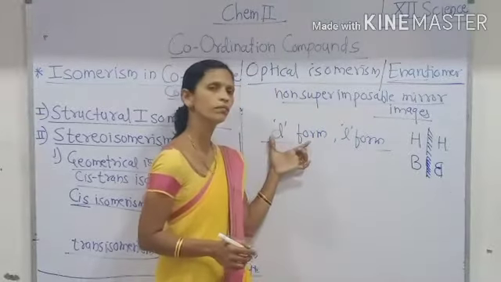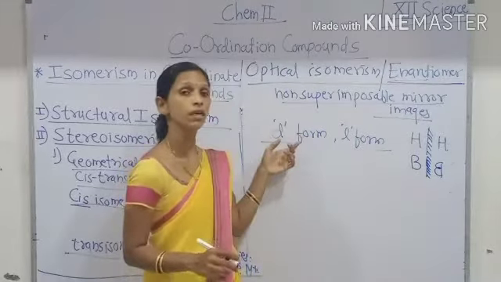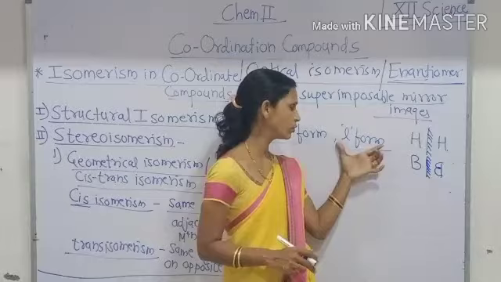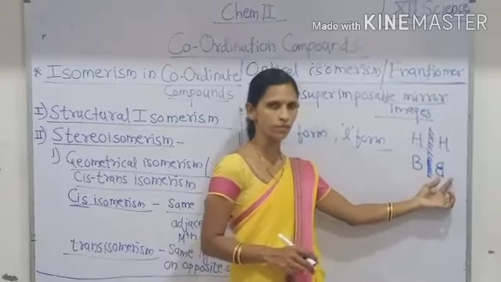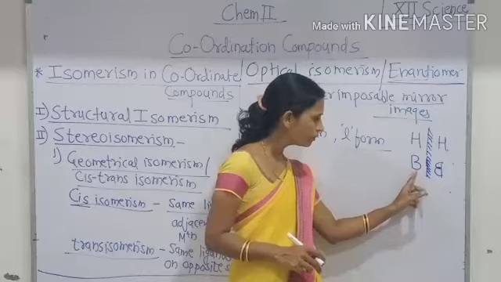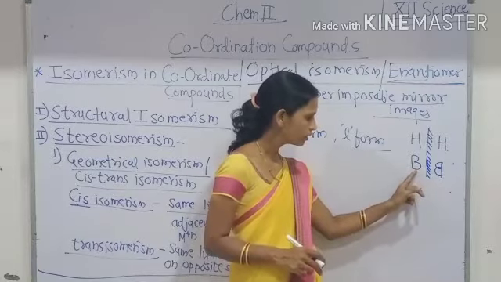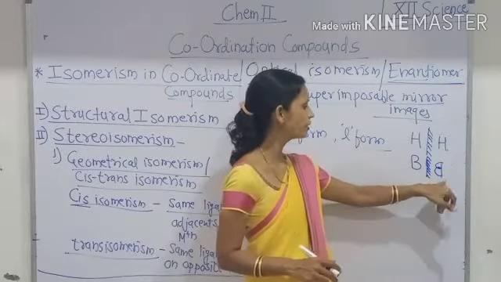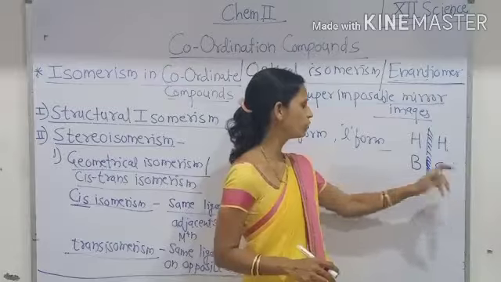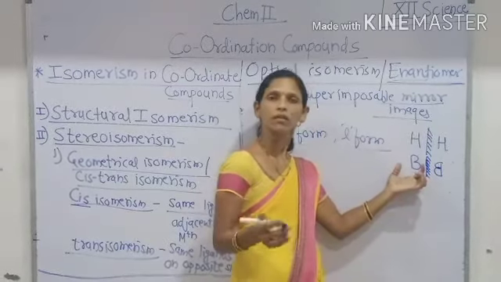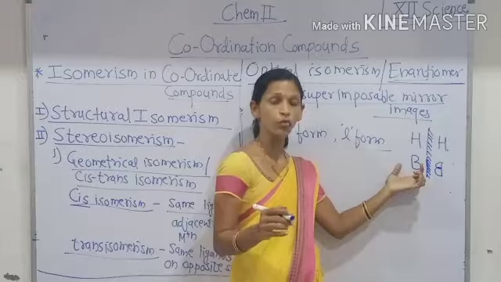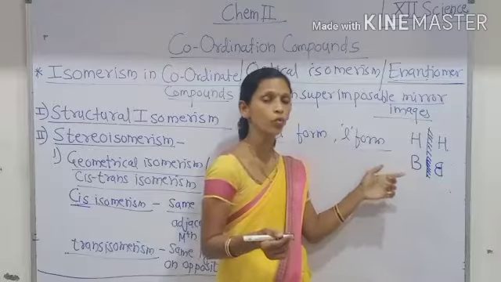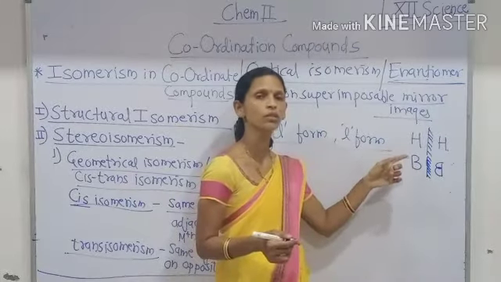Then what is D form? D form means it is a dextrorotatory substance, and L form is a levorotatory substance. That means one of the optical isomers is D form while the other isomer is L form. The D form enantiomer rotates plane polarized light to the right hand side when it passes through the solution.